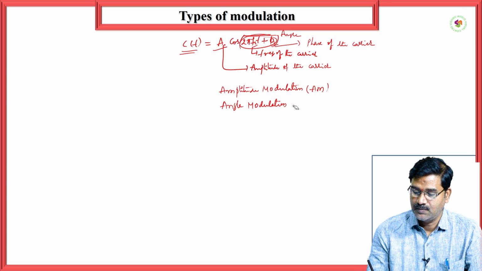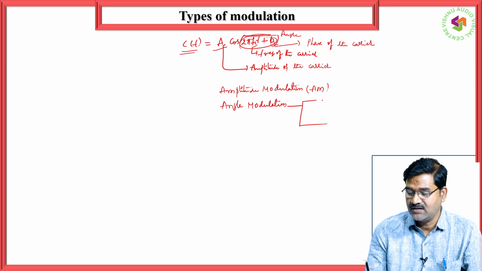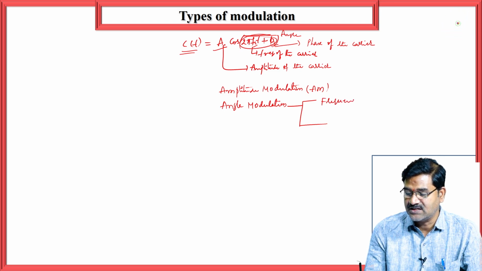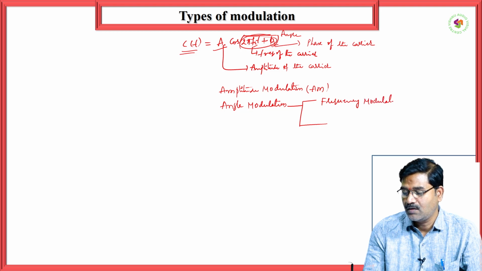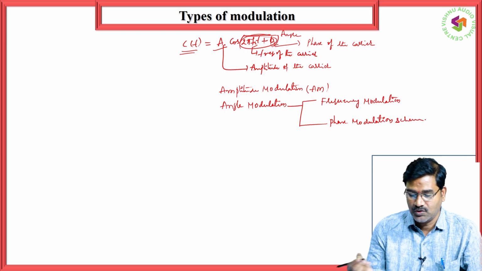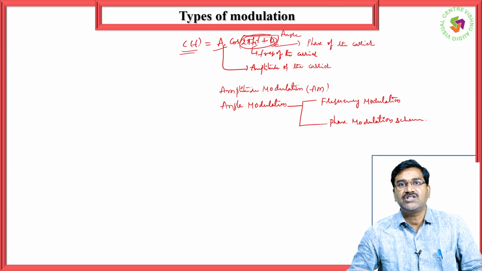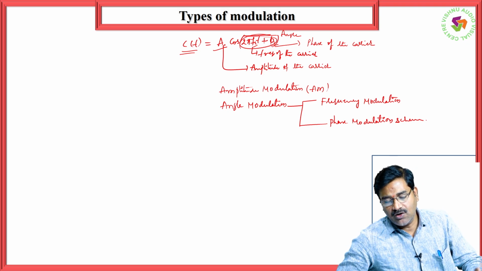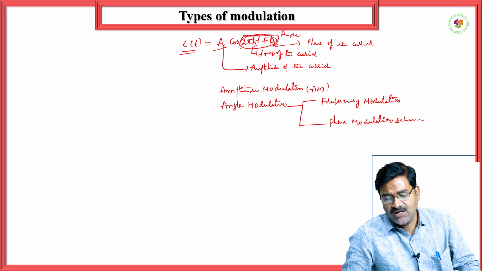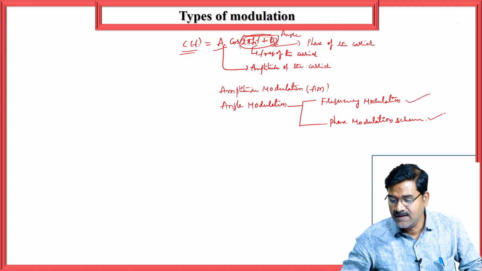In this angle modulation, again you have two parameters: one is frequency, so we call this frequency modulation, and then the phase of the carrier, which you can call phase modulation. So we have a total of 3 modulation schemes, where the amplitude of the carrier signal can be changed, or the angle of the carrier signal can be changed, which gives frequency modulation and phase modulation.